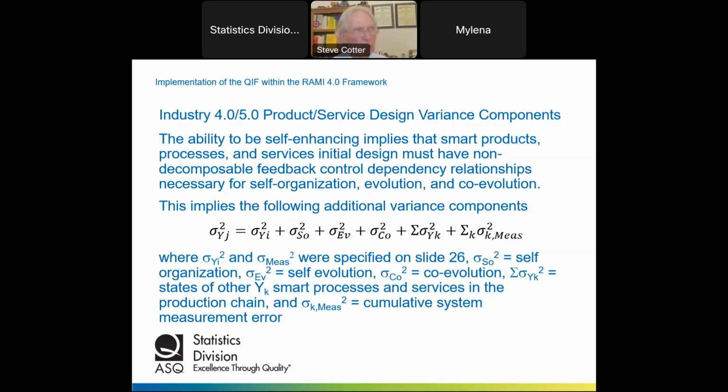I'm using the random effects variance components representation here because that allows complete testing of all main effects, two-way interactions, three-way interactions, etc. The same can be said if we transform these into fixed effects variance components. All of the main effects and interaction terms can be tested for significance.